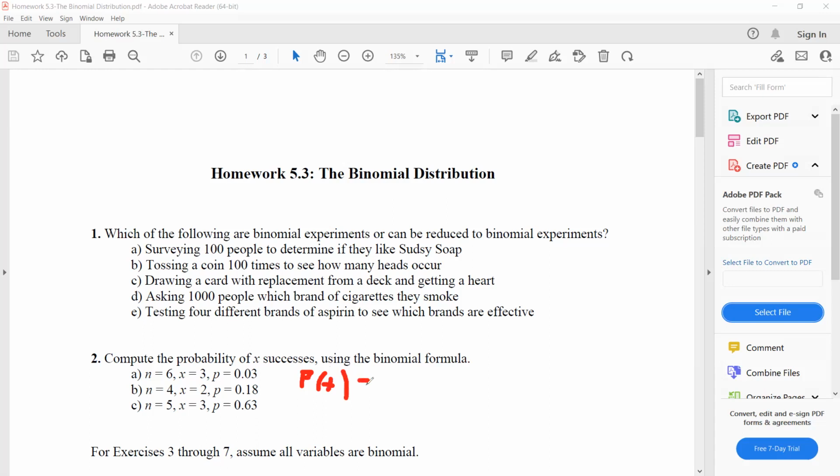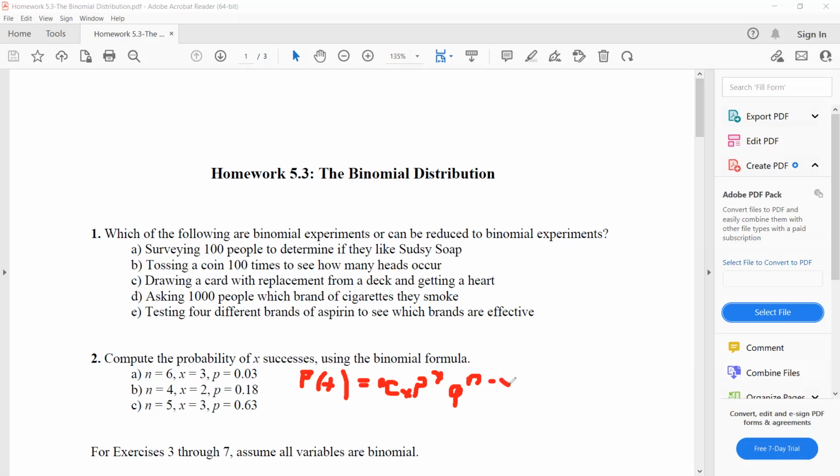So P of X is equal to N choose X, so it's NCX, times P to the power of X, and then Q, or 1 minus P, sometimes we call this Q, to the N minus X power.